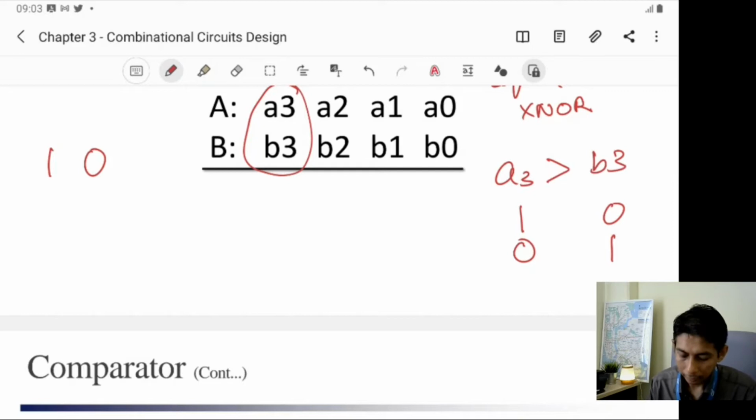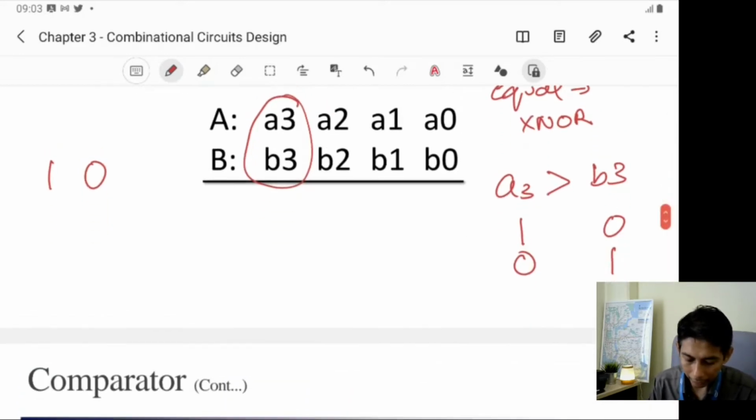All right. So we can have a circuit something like this, to know whether A3 is greater than B3 or not.